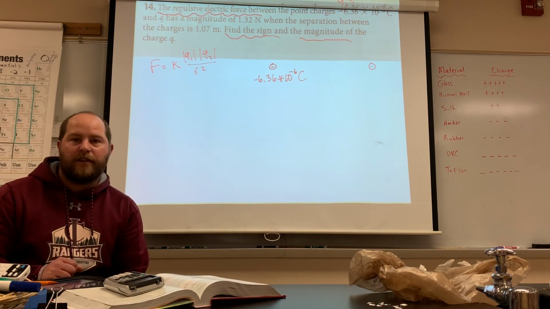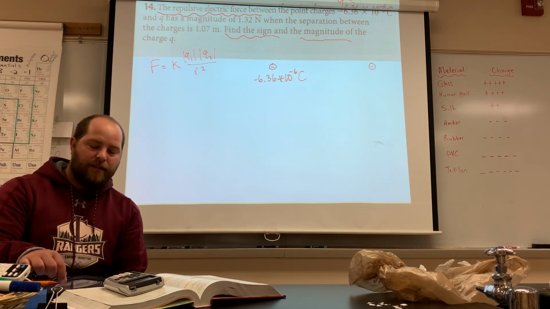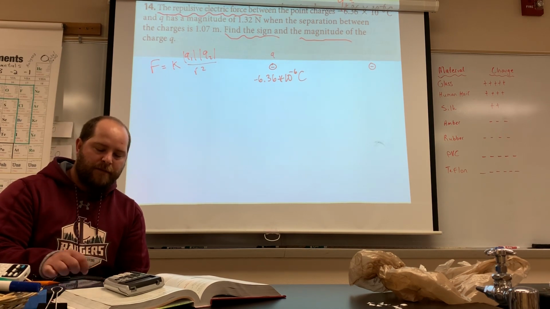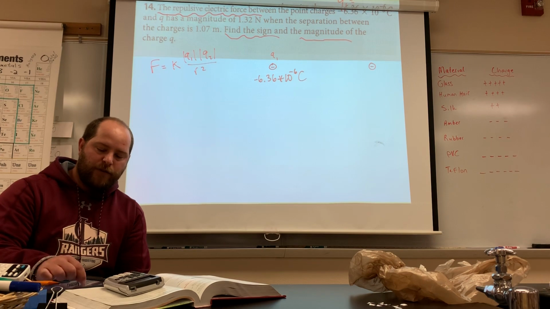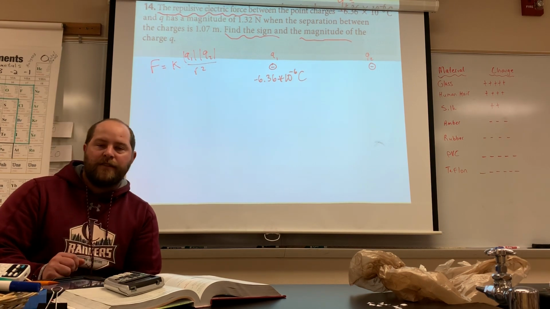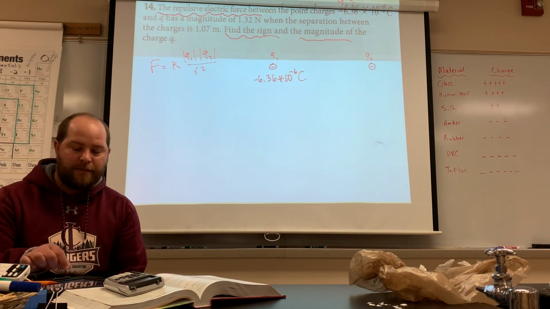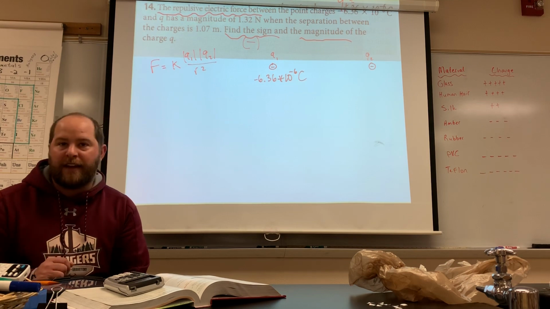So this point charge is going to be negative. We could call this one Q1 and this one Q2. So we know Q2 is going to be negative. That actually answers the question of what is the sign? The sign is going to be a negative charge.